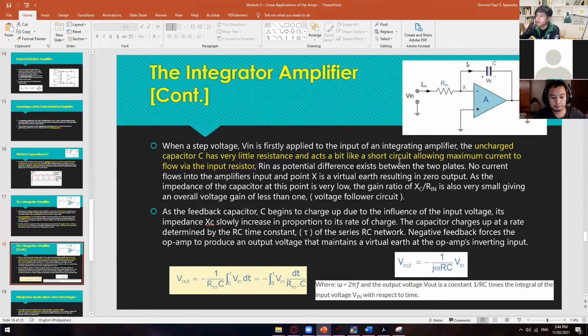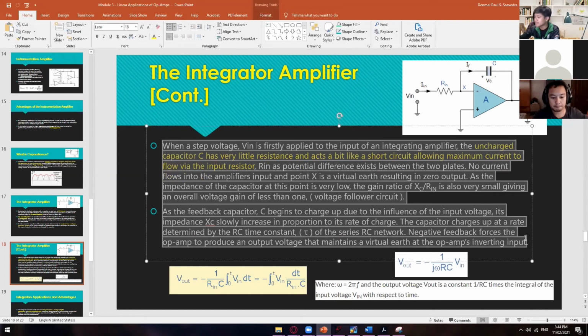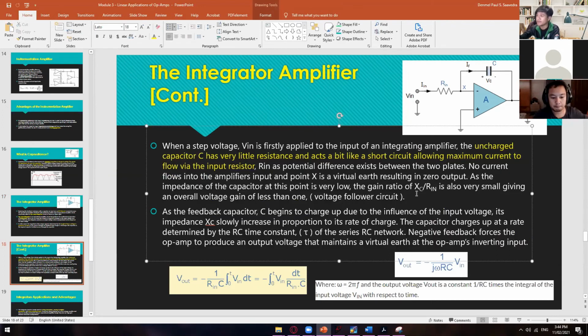So here's a continuation for the integrator amplifier. Basically this one is just an explanation on why we have a shift from the input to the output voltage. What is the difference between the output and the input, and how did it become like this? I will leave the reading part with you guys, but here it's just explaining that the time it will go up and then go down will be affected by the capacitance.